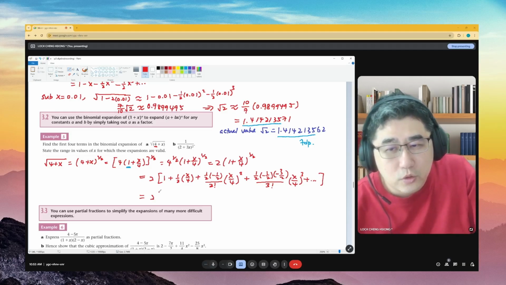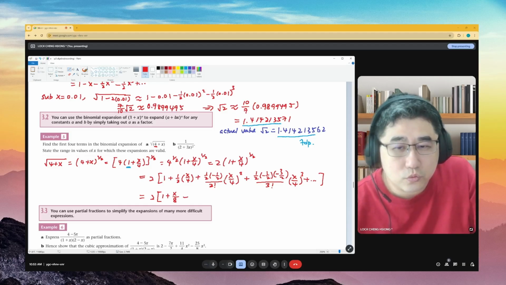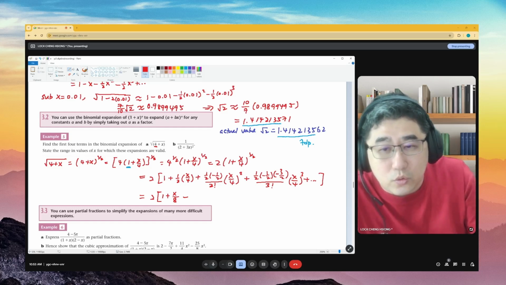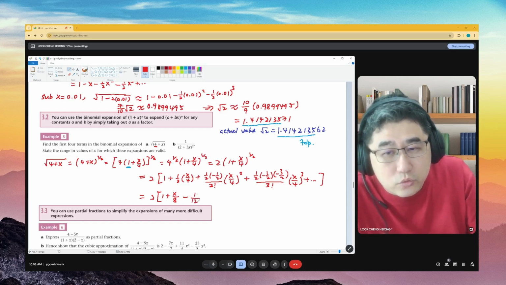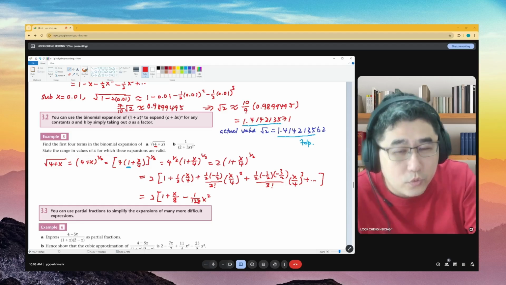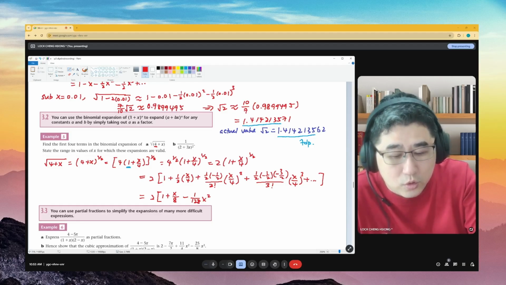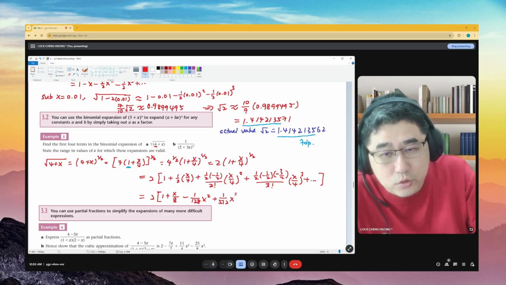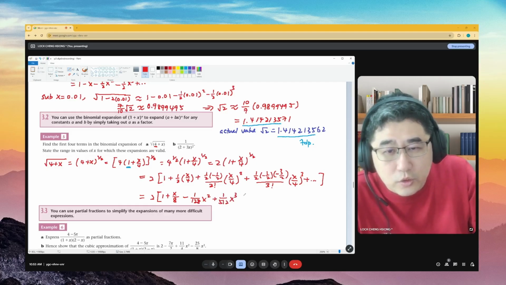So 1 plus x over 8, minus 1 over 128 x squared, plus 1 over 512 x cubed, plus dot dot dot.